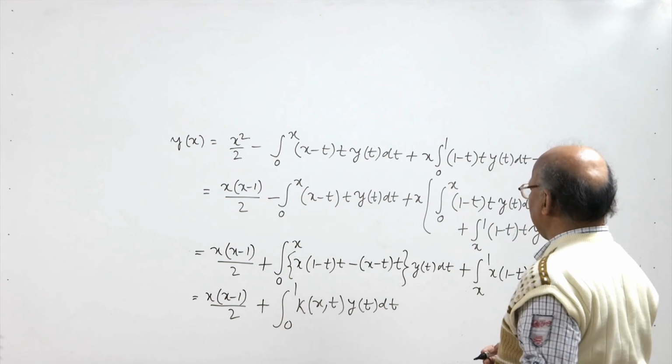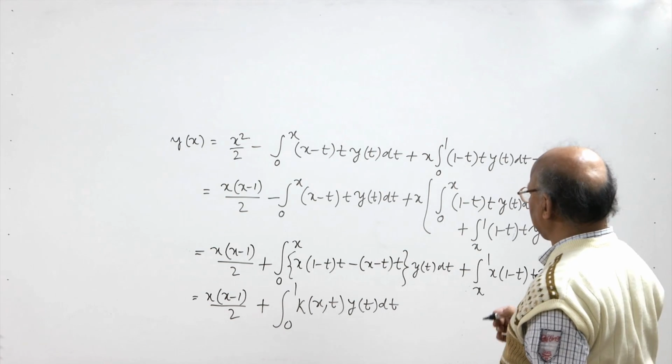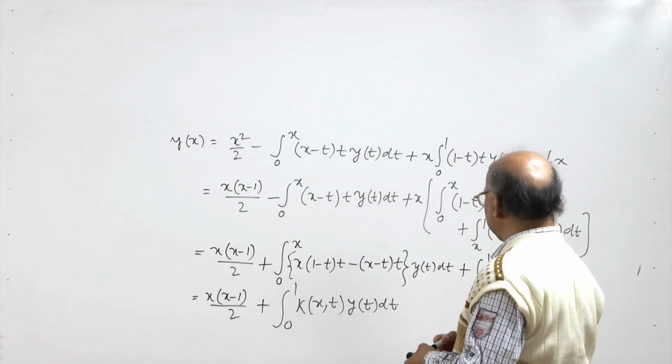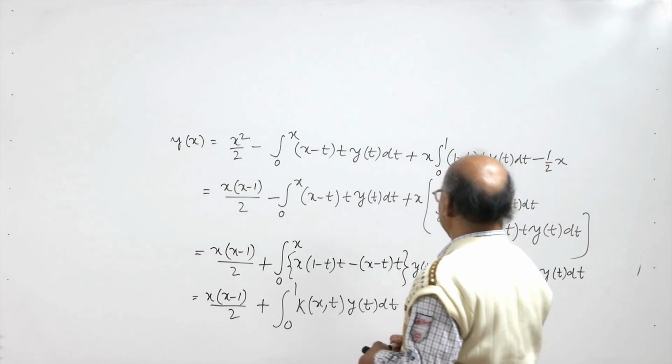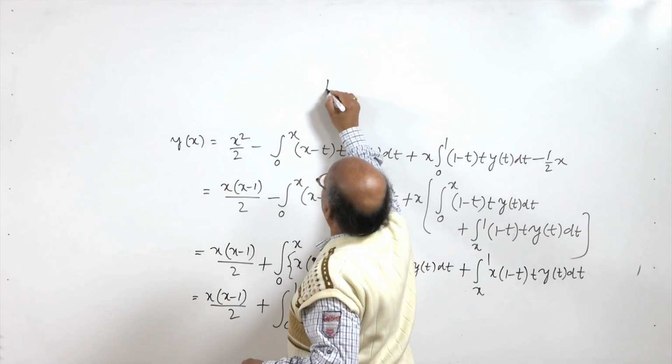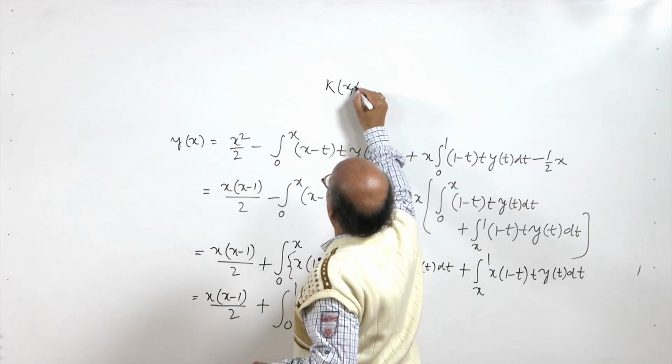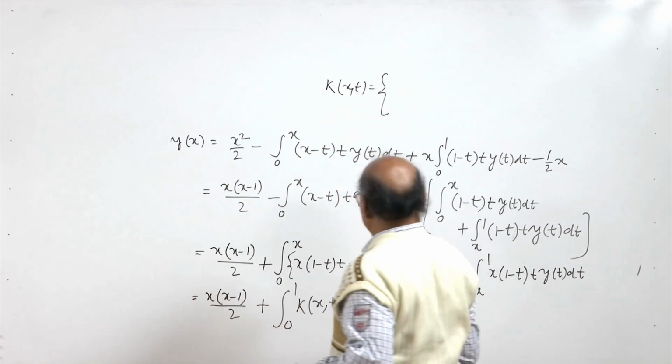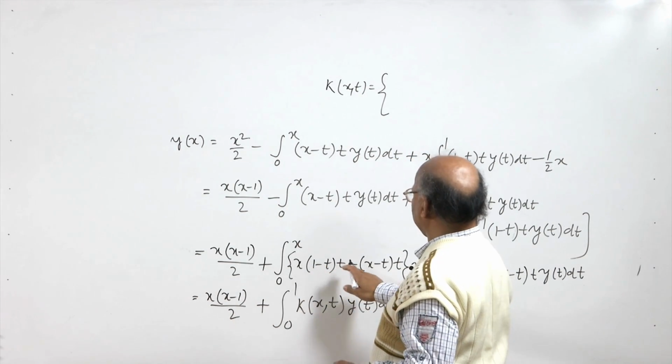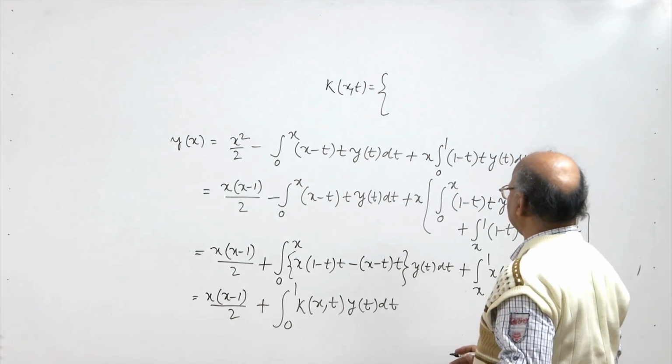x times x minus 1 by 2 plus integral 0 to 1 of K x t into y t dt, where K x t is equal to x into 1 minus t into t minus x minus t into t.